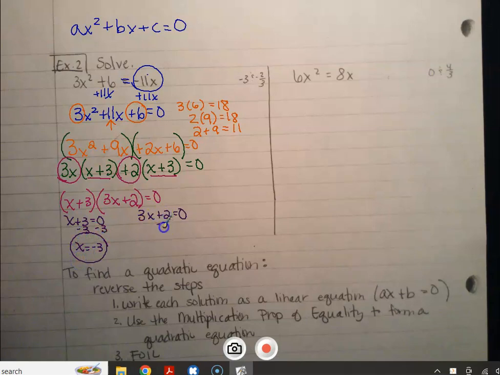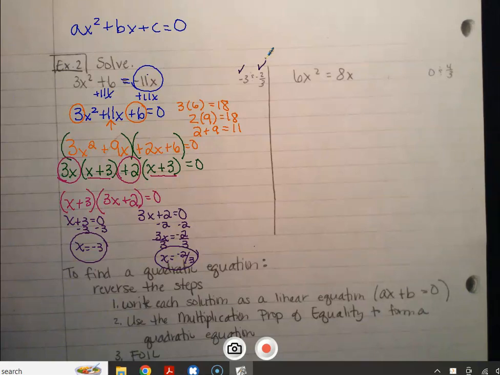On this one, we subtract 2, so 3x equals negative 2, divided by 3, x equals negative 2/3. If we go up here and check, we got negative 3 and negative 2/3. So we did all the right stuff. Solving quadratics is going to be a big part of the rest of this chapter, but also the rest of the year. It's one of those things we'll keep coming back to.